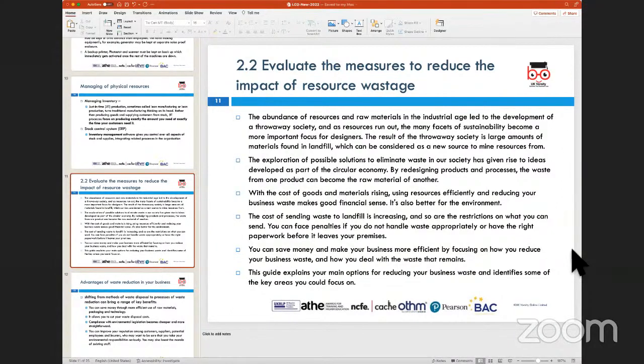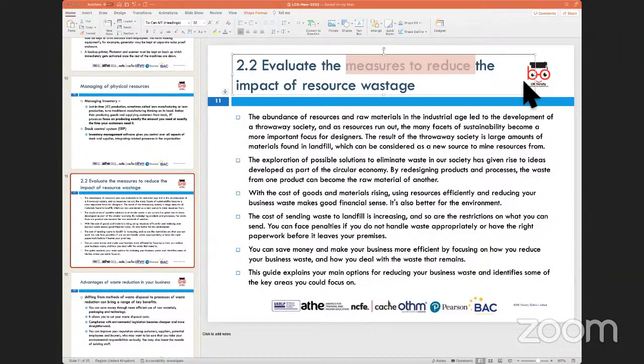So what we want to be able to do and understand in this particular assessment criteria is how do we look at ways to reduce wastage, or come up with ways through which wastage can be reduced when you're using physical resources. Now, you might have a bundle of logs at your home, but if it's extremely cold, you keep the log burner and the fireplace going.